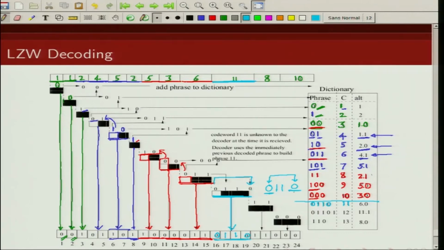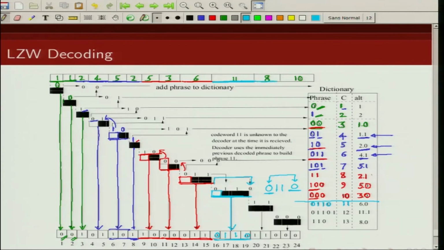Now this new symbol has to be the first bit of the next decoded sequence. So the innovation symbol here has to be 0, and that's why the string corresponding to code word 11 should be of the form 0110. So we have decoded this.